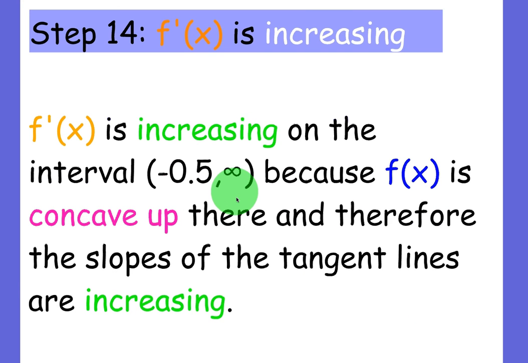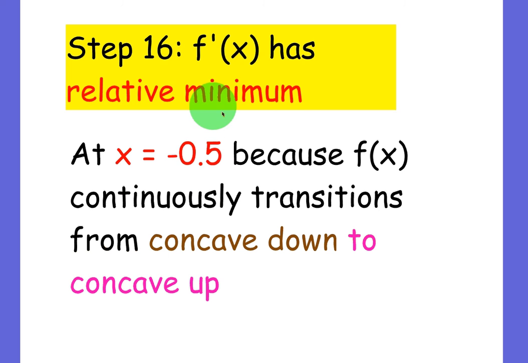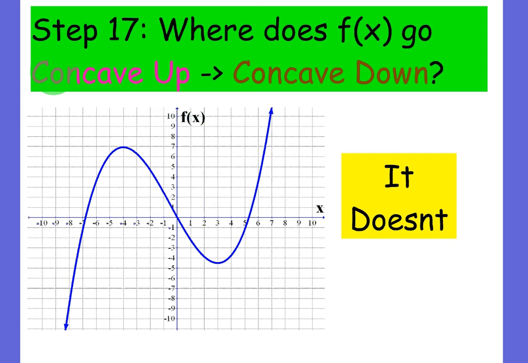So since that happens here at negative 0.5, and since the derivative goes from decreasing to increasing, that means it's a relative minimum. f prime of x will have a relative minimum at x equals negative 0.5 because f of x continuously transitions from concave down to concave up, meaning the slopes of the tangent lines of the original go from decreasing to increasing. So there will be a relative minimum there.